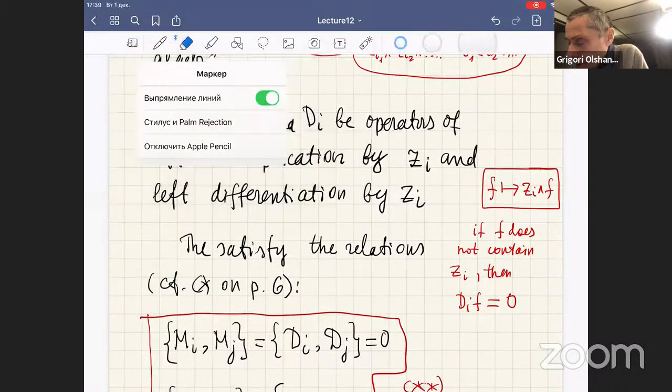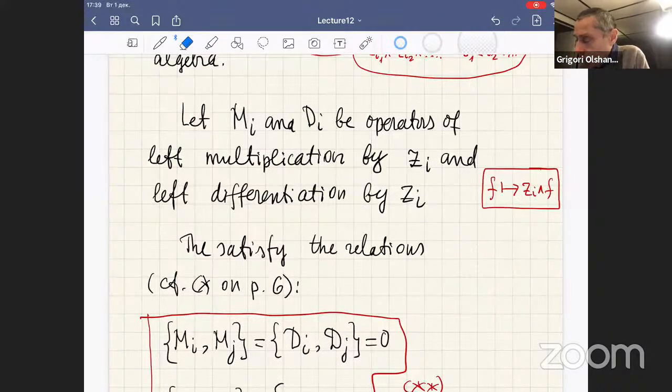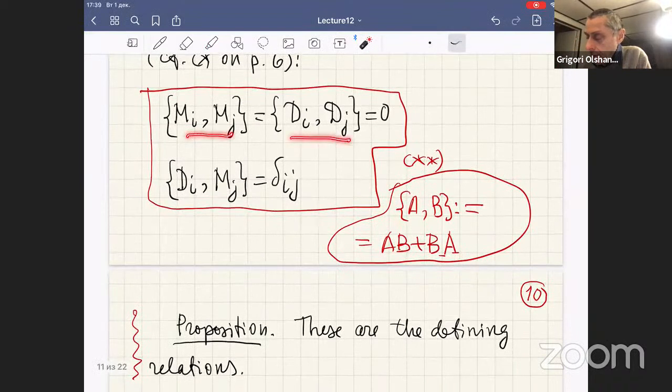And these are the relations between the M, D, and this one, and these brackets are the anti-commutators, AB plus BA instead of minus.